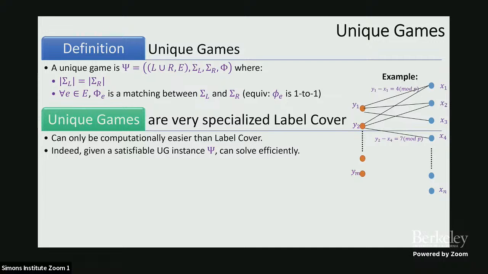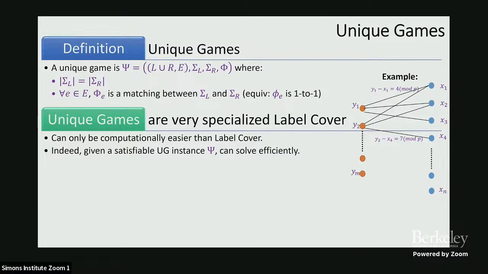If you remember, we said that if I give you a label cover instance, it's hard to tell whether it's fully satisfiable or at most 1% satisfiable. Well, for unique games, this is no longer the case. If I give you a unique game instance and I tell you that it's fully satisfiable, then you can just solve it in polynomial time, because you guess the value for one vertex, and then you propagate it all over the place. There is only one option each time you propagate it. So this is easy.